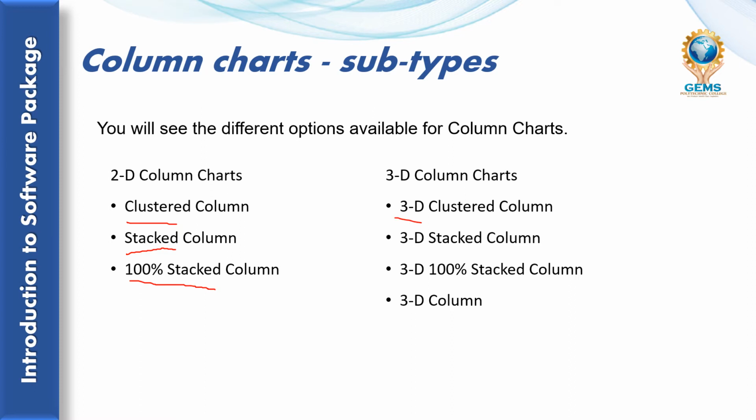In 3D column charts, there are 3D clustered column, 3D stacked, 3D 100% stacked, and 3D column. We will see them one by one. First we will see clustered column and 3D clustered column.